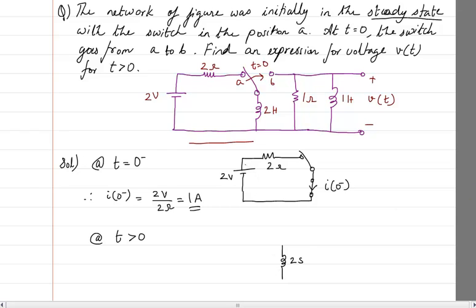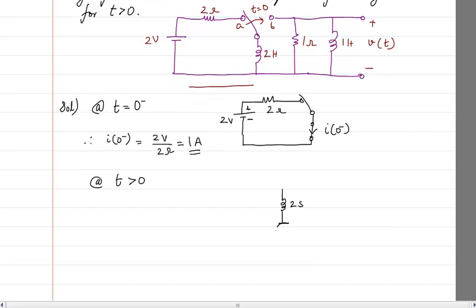So based on that, I will draw. The polarity is like this. This was plus and this was minus. So going in that way, let me draw this one. It's okay. This is minus and this is plus, and it is L i naught. L is 2, and i naught is 1, so this is going to be equal to 2 volt.